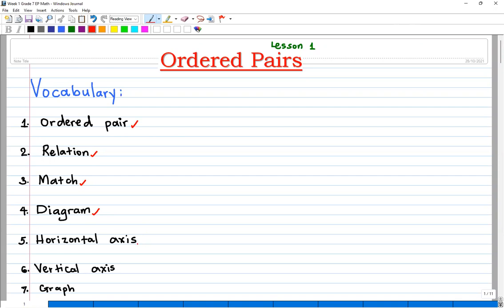Next, horizontal axis. Next, vertical axis. And then graph. By the end of this lesson, I'm very sure that you will be able to know the meaning of the following vocabulary.